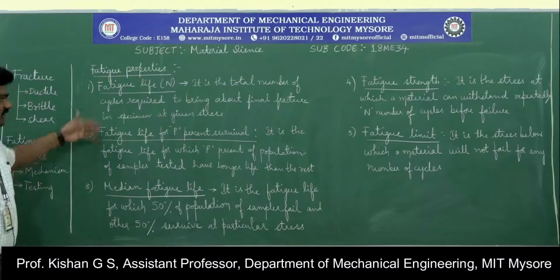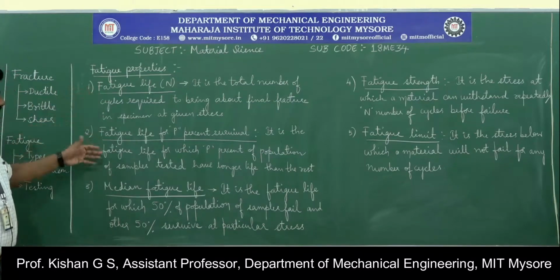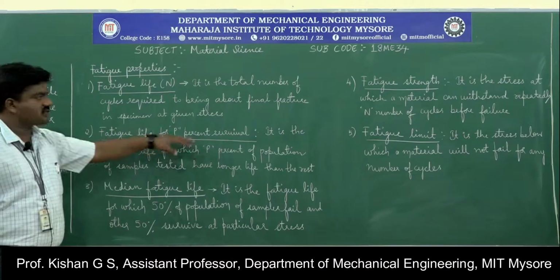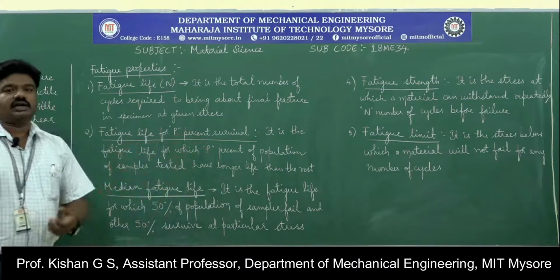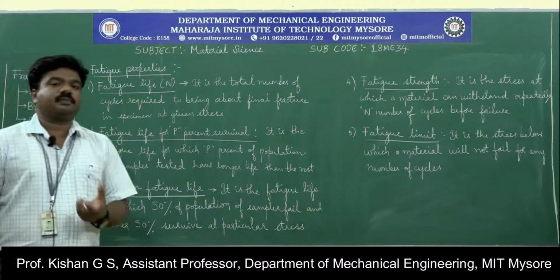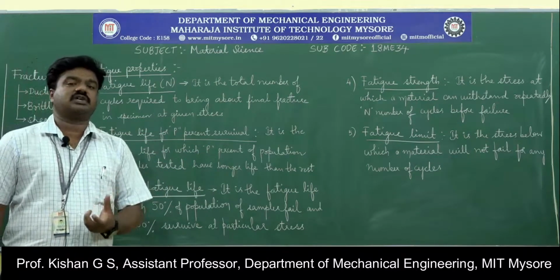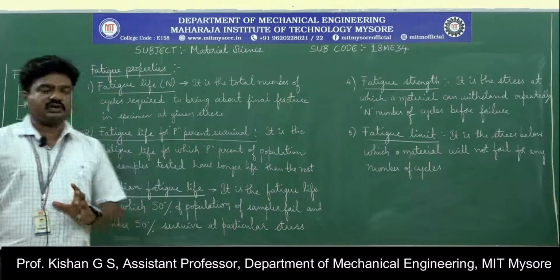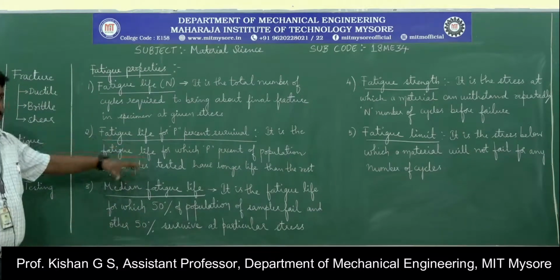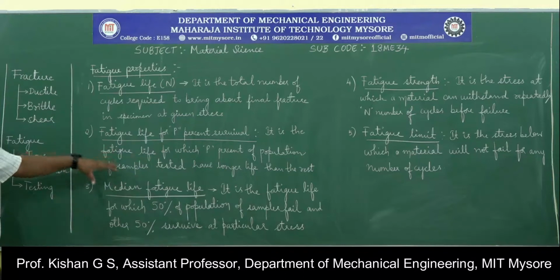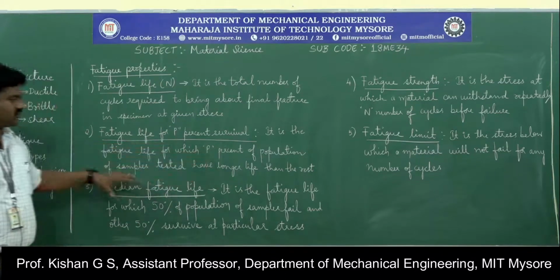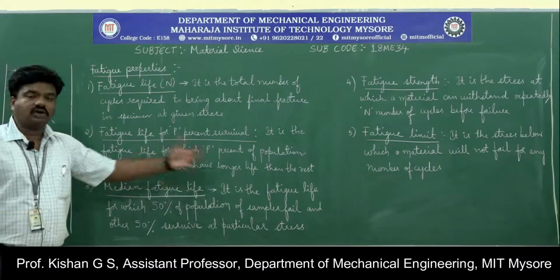Followed by the next, that is an extension of the first definition itself, fatigue life for P percent survival. It is the fatigue life for which P percent of the population of samples tested have a longer life than the rest.